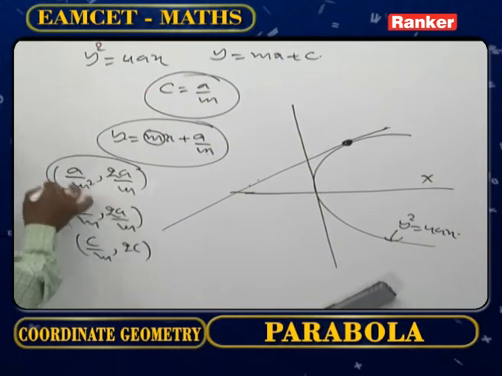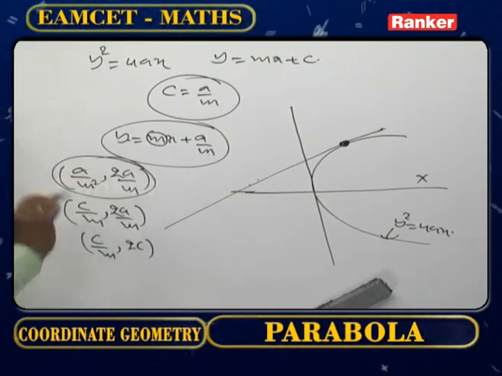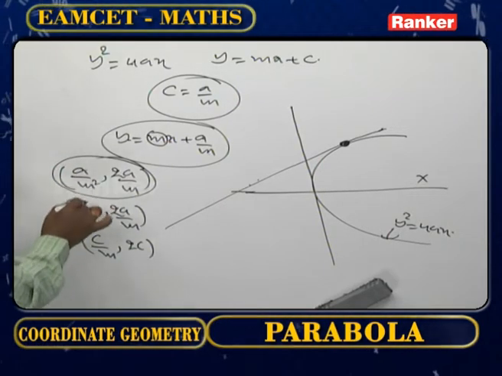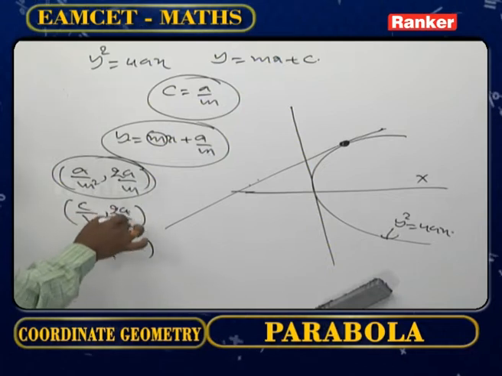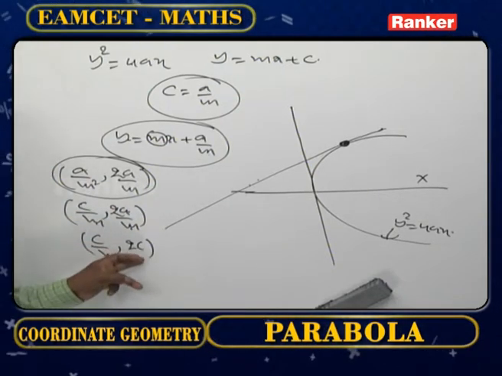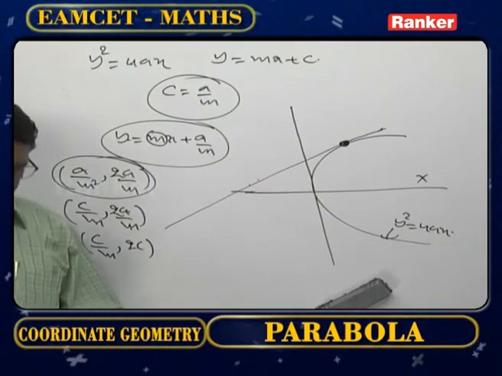In terms of only a and m, the point of contact is (a by m square, 2a by m). In terms of c and m only, (c by m, 2c) is the point of contact.